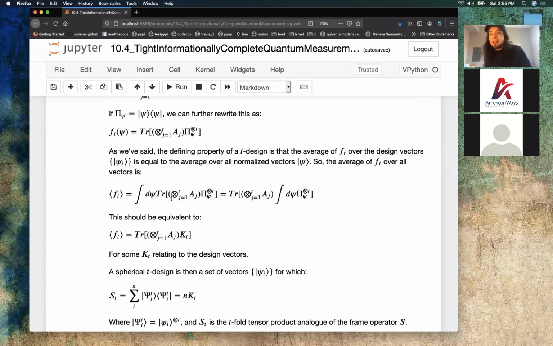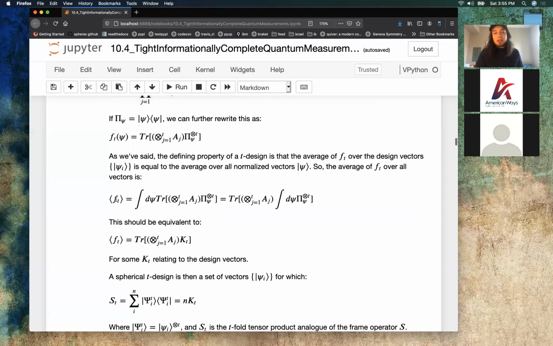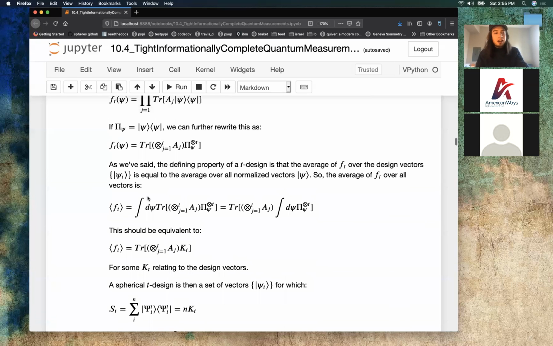So the defining property of a T design is that the average of our F over the design vectors is equal to the average over all normalized vectors. So we can write the average as, well, here's F, and we want to integrate over all the psi's.